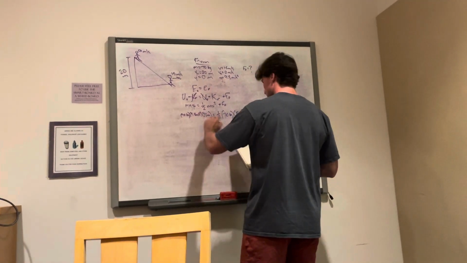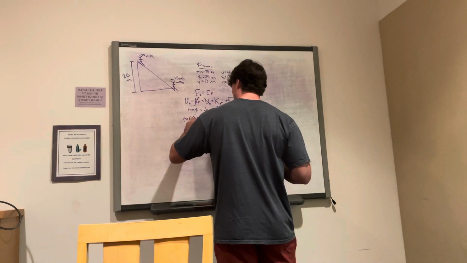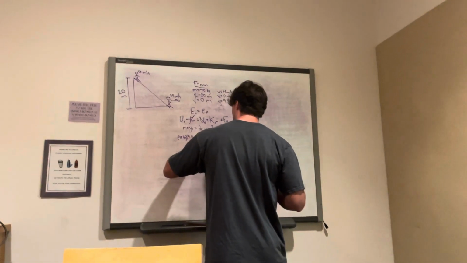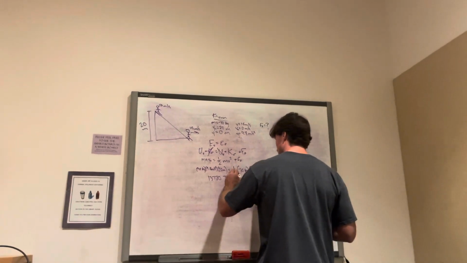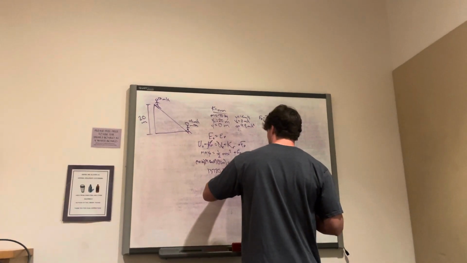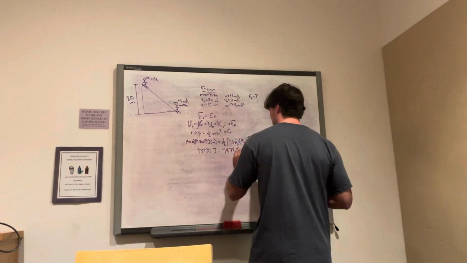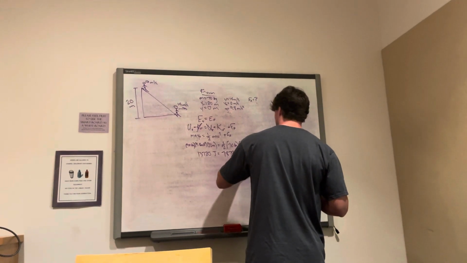So multiplying these, we get 13,720 joules of initial potential energy, 7,875 joules of final kinetic energy, plus the force of friction.